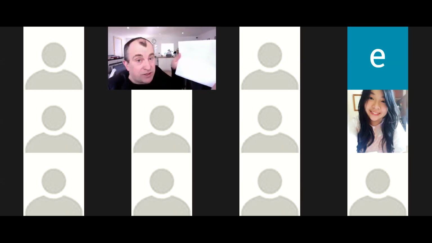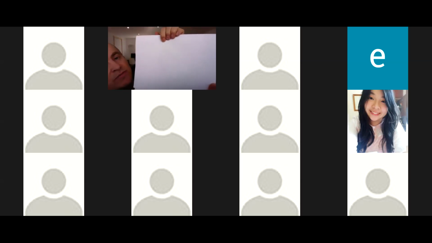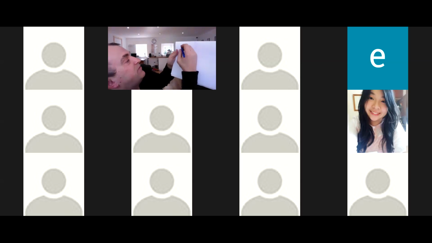So here's the sheet. Every now and again, I'm going to scribble something. We need to work out the general ventilation rate. That's what we're working out, and we have two methods to do it. Method 1 and method 2.